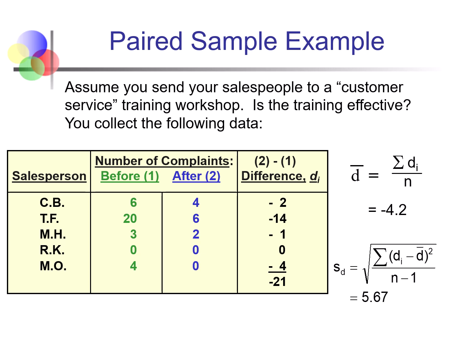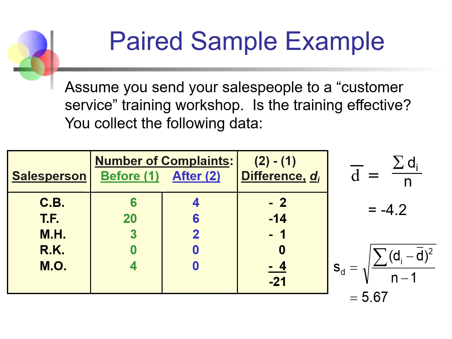So for CB, the difference of after and before is -2, which comes from 4 minus 6. For TF, the difference is -14. It comes from 6 minus 20 and so forth. So we'll get the difference for all of the salespersons.